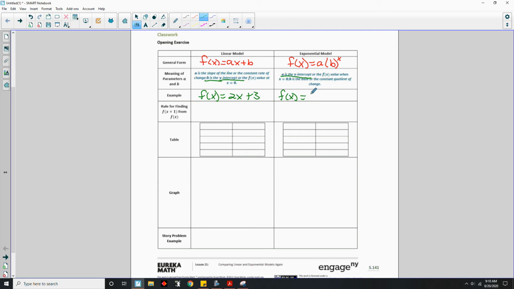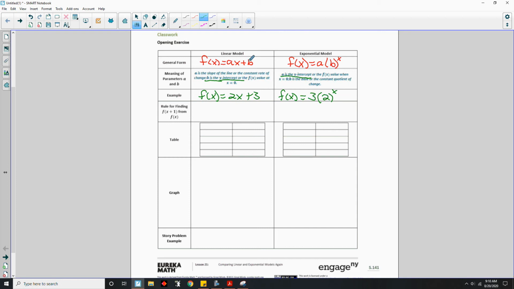So I'm going to make a 3 in this case, not 2, and b, our rate of change, is going to stay 2. It's kind of a switcheroo here: rate of change, y-intercept, y-intercept, rate of change.